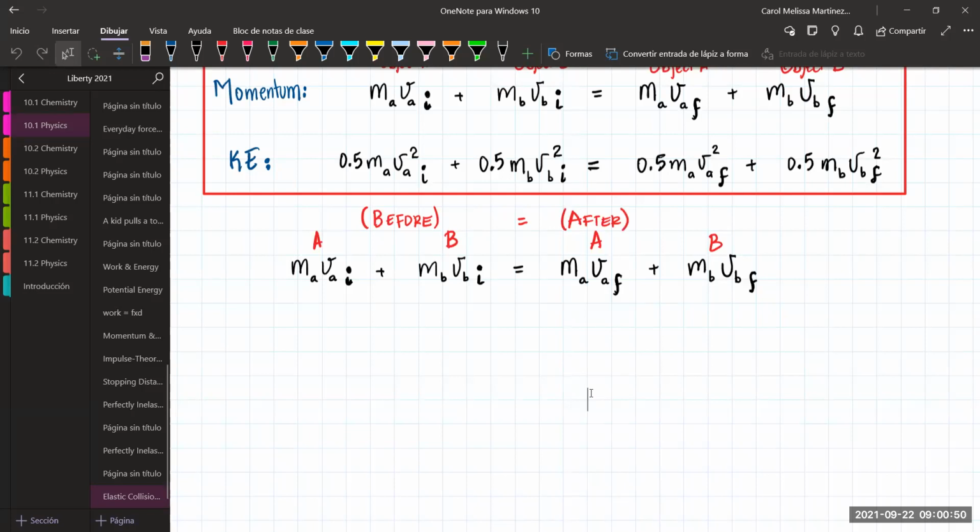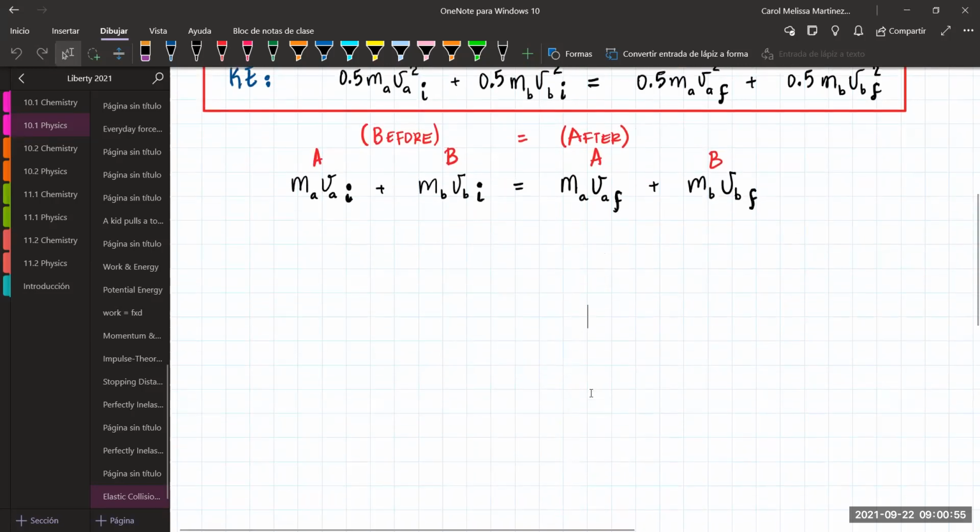Okay? That's all you have to remember. Now, all you have to do is plug in the givens. Remember, all the masses are the same because the two balls have the same mass.